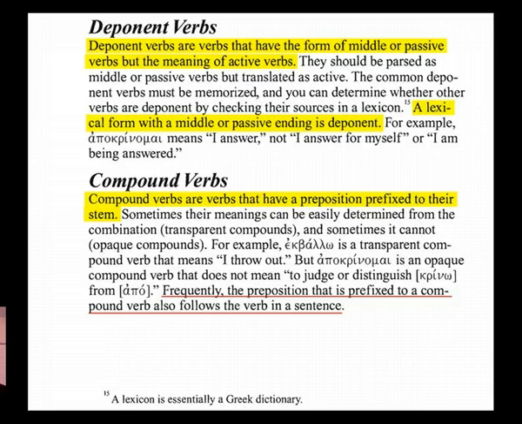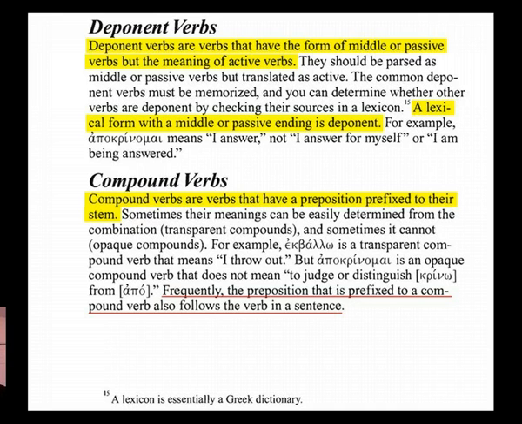Frequently, the preposition that's prefixed to a compound verb also follows the verb in a sentence. So if I say I am coming out, exerchome, I can say exerchome ek tou oikou. I am coming out of the house. Exerchome ek.